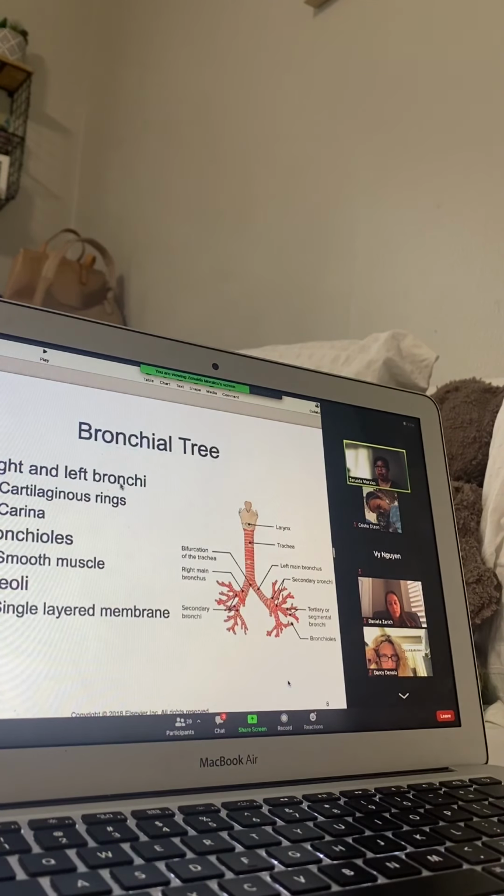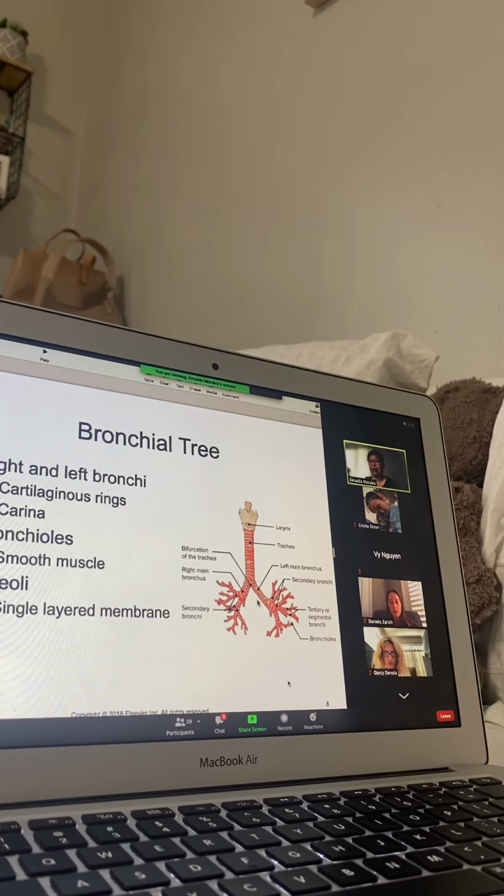Then you have your bronchial tree. You have the right and left bronchus. What is the difference between the right and left bronchus? Anyone? What is the difference between the two bronchus? One has more than the other.